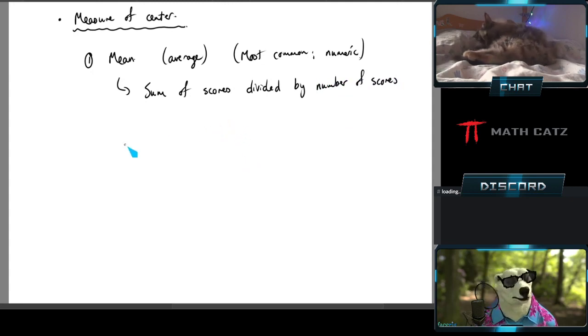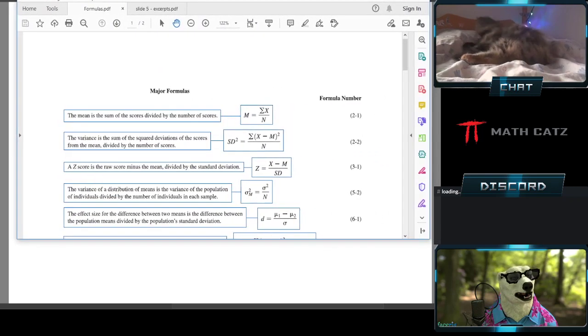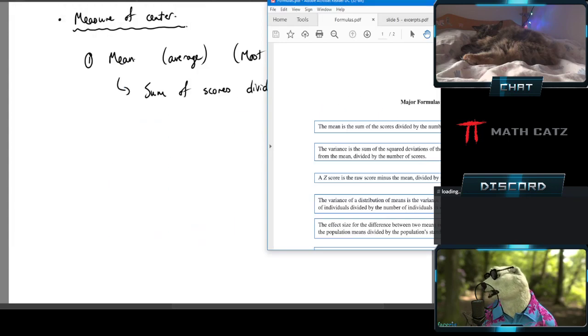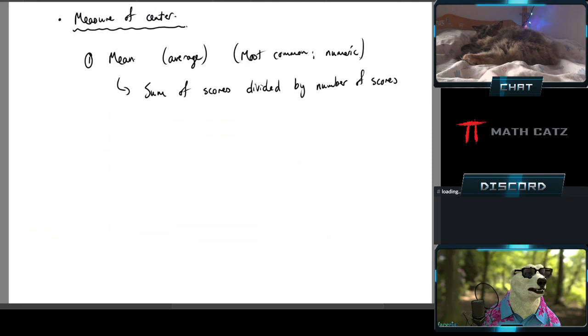If I start slowly building a formula sheet, this is the formula I am going to use. It's in the first pages of the Statistics for Psychology book, Formula 2.1. Let's just copy that down and talk about what the symbols mean. Mean, get it? Mean.